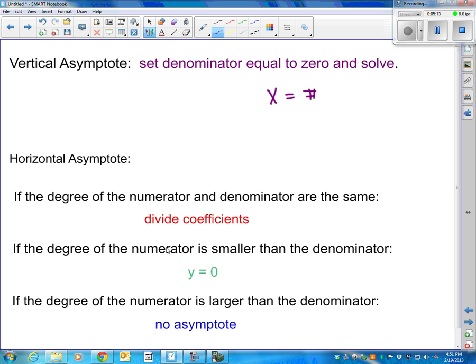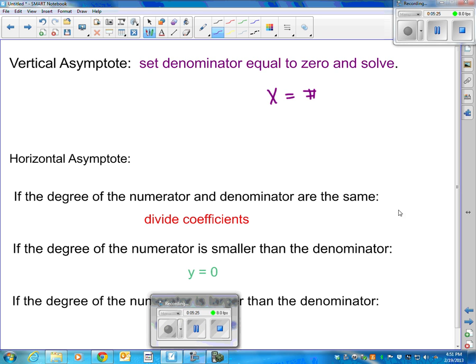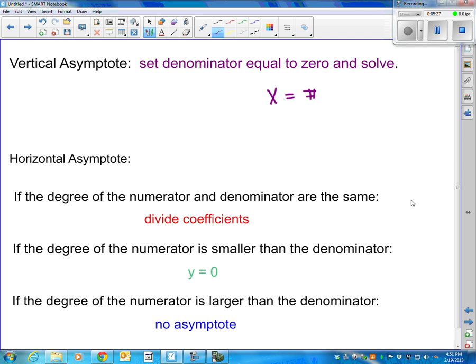If the degree of the numerator is smaller than the denominator, it's simply y equals 0. And if the degree of the numerator is larger than the denominator, there is no asymptote. Right. If you have any questions, look back through these examples and have a great day.